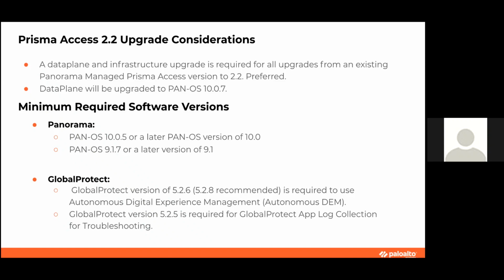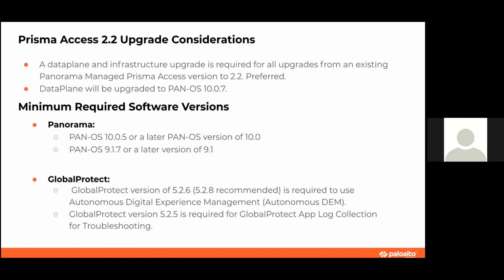After your data plane is upgraded and you install the cloud service plugin 2.2, then Panorama version 10.1 will be supported and you can install 10.1. You should not install PAN-OS 10.1 until your data plane is upgraded and you install and upgrade to cloud service plugin 2.2.